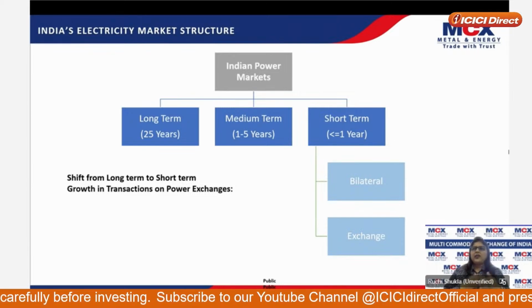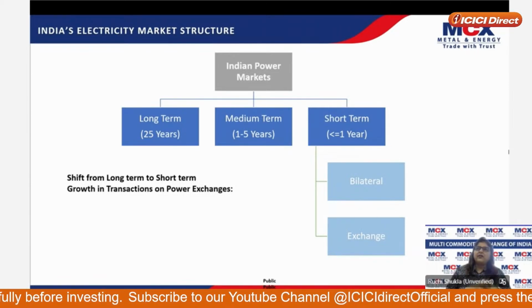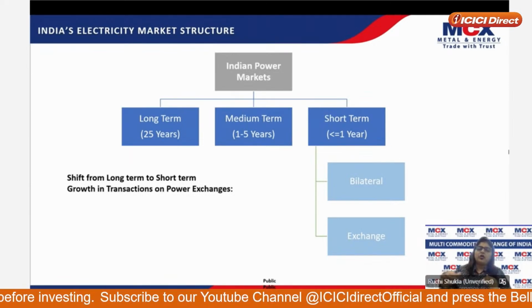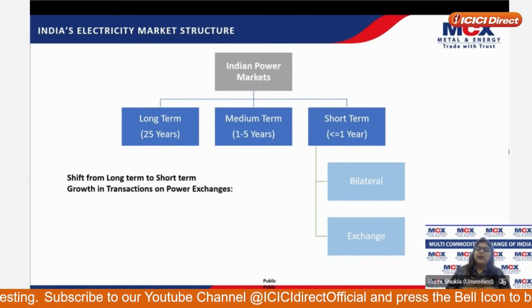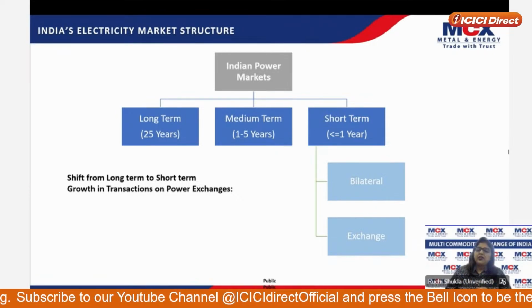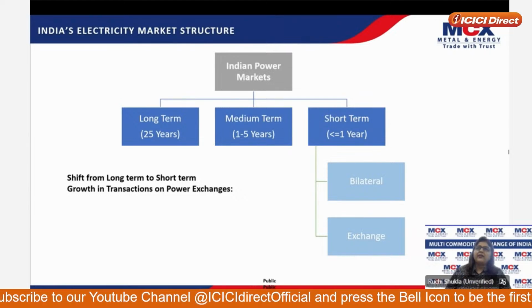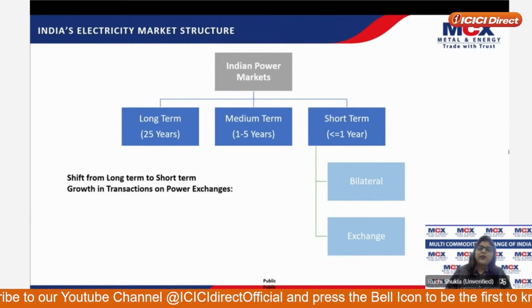Now, the shift from long term to short term is clearly visible in the Indian markets. We also see these power exchange transactions growing at a CAGR of between 8 to 10%.